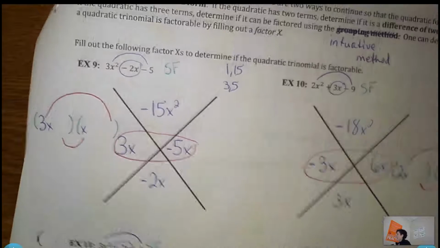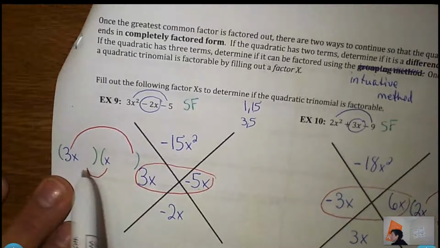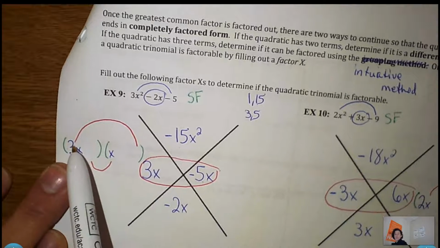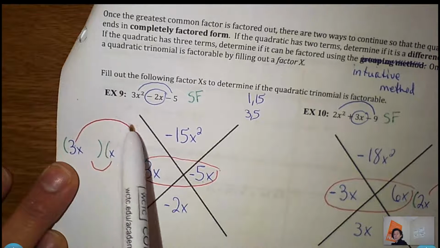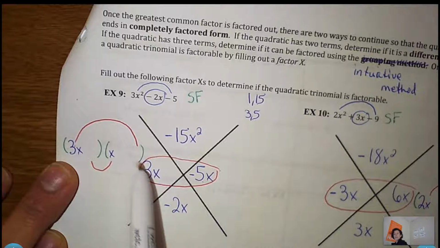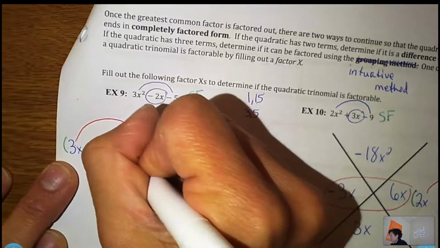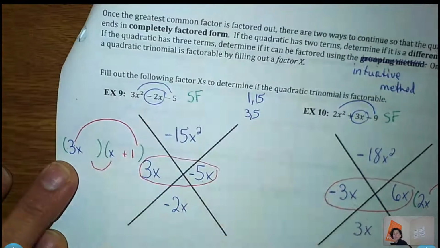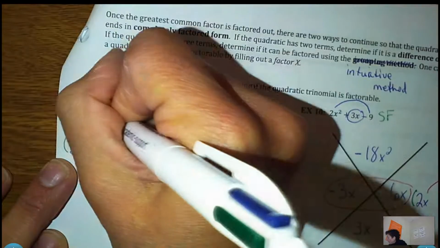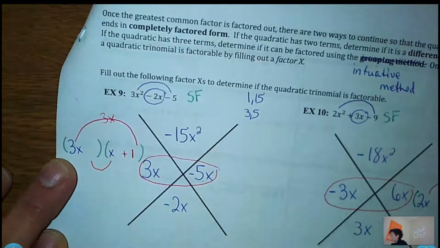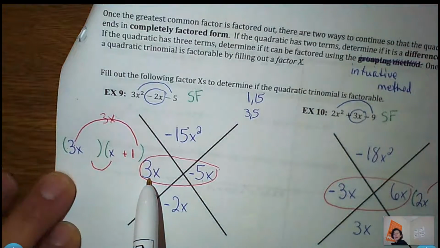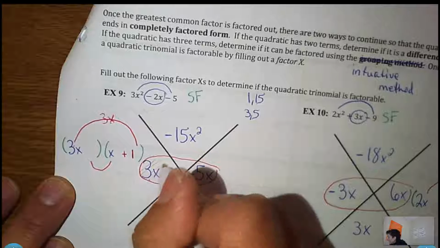So here we go. Let's go back up to this one. What I'm going to ask myself is, is it possible for 3x to multiply, distribute, to meet something else to make 3x? And that is possible. Just take it times a positive 1. So from there, I get this 3x. I'm going to keep track of which one I did, so this one's been done. Lightly cross it off.